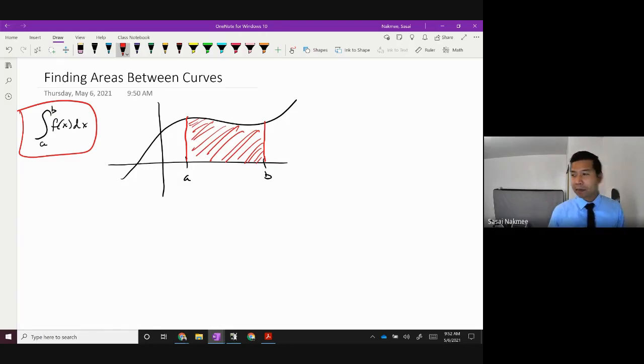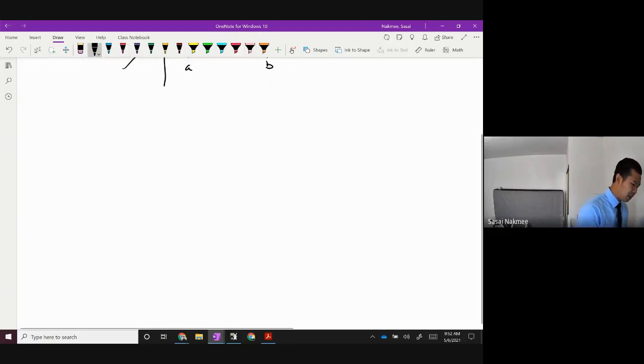Well, here's the thing. We can modify this concept, and instead of looking for the region that's between the curve and the x-axis, how about trying to find the area between two curves? So what would that look like? Let's say I have two functions here.